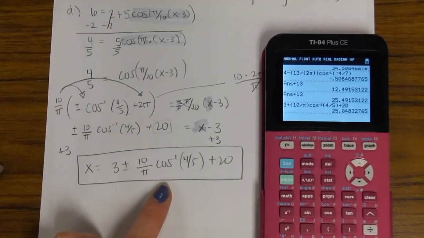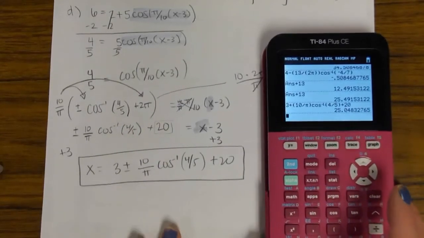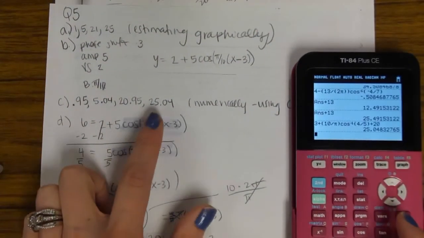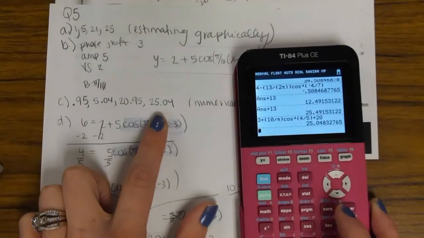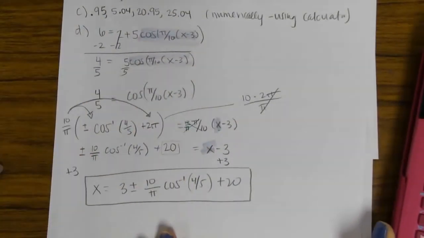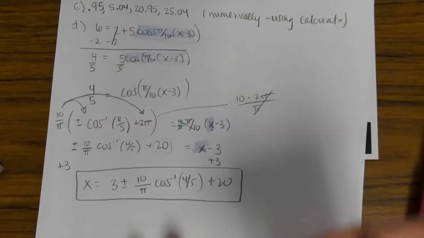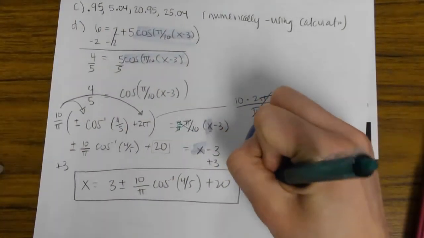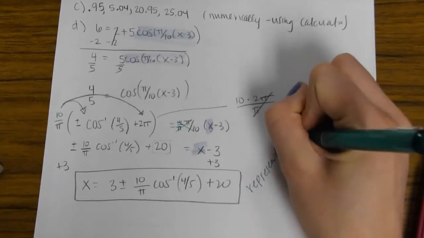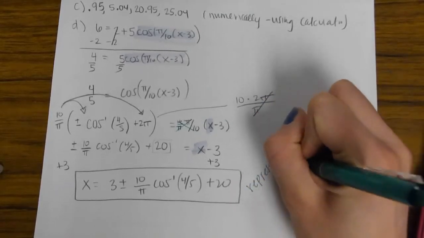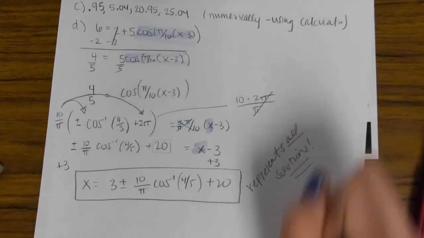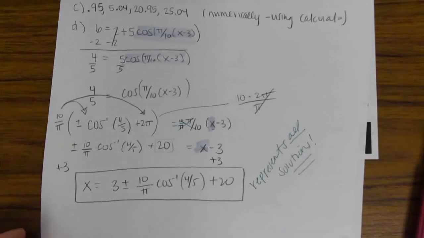Okay. Was 25.04 one of our options? Yes. So we know that we created the correct equation, and this represents all solutions. Now, it's a little bit weird.